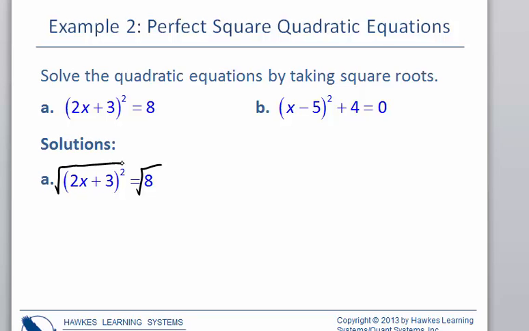So when I take the square root of something that's squared, it kind of cancels each other out on the left, and I'm left with 2x plus 3. When I take the square root of 8, remember that taking the square root of a number produces a positive or a negative answer. That 8 could be written as 2 times 4.